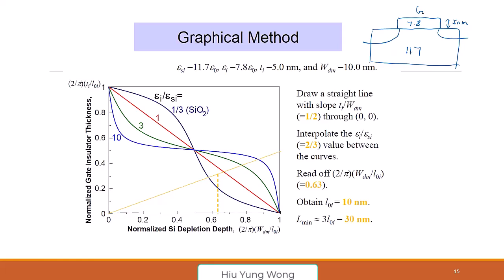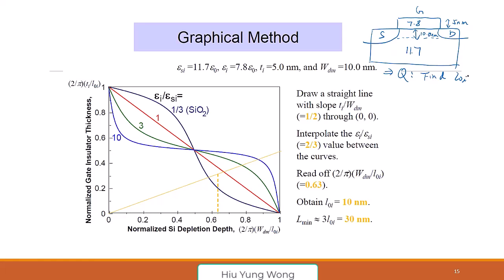So this is the gate, source, drain, and the depletion width is 10 nanometer. Do you understand the question? Any problem about this question? And you want to find, question is, find the scaling length.